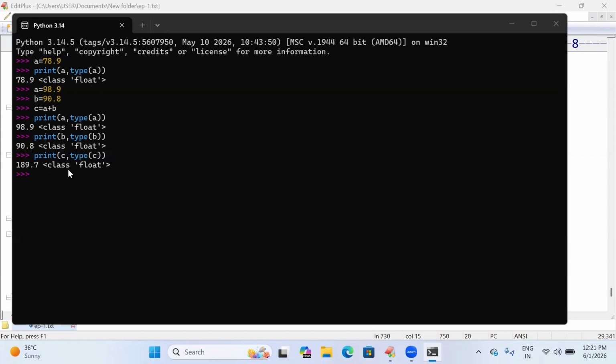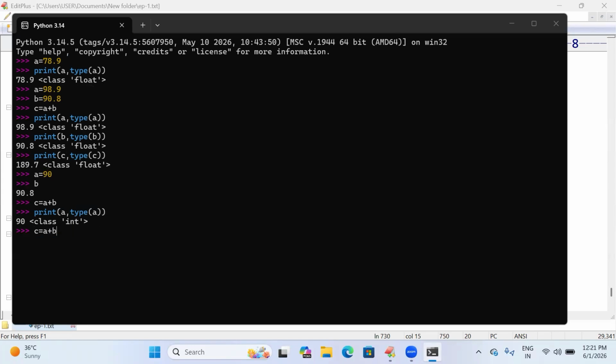Now we declare one variable as an integer and another variable as a float, and add the integer and the float. I print A first: the value is 90 and it comes under the int data type; int is a class in Python.